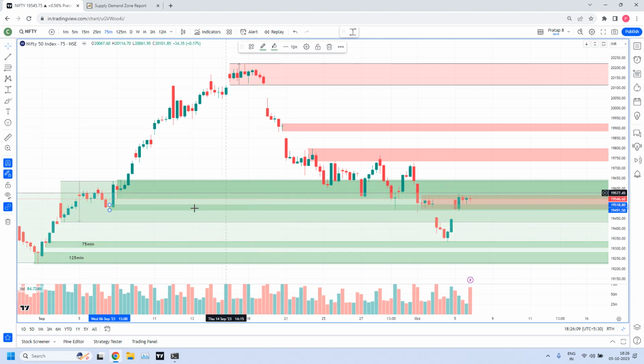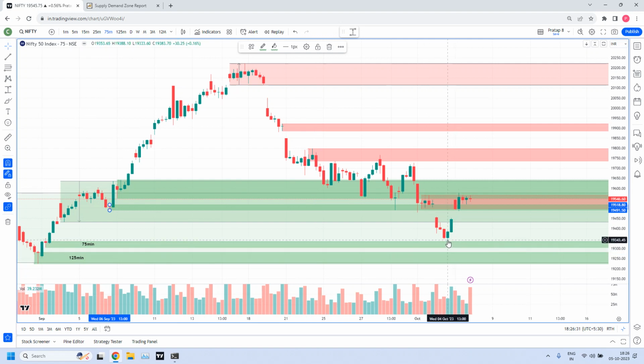The reason is immediately in its next lower time frame, I didn't find any demand zones within the daily time frame. But I identified, within the weekly zone, a 75 minutes time frame zone. I know that it will pick up the orders from here.